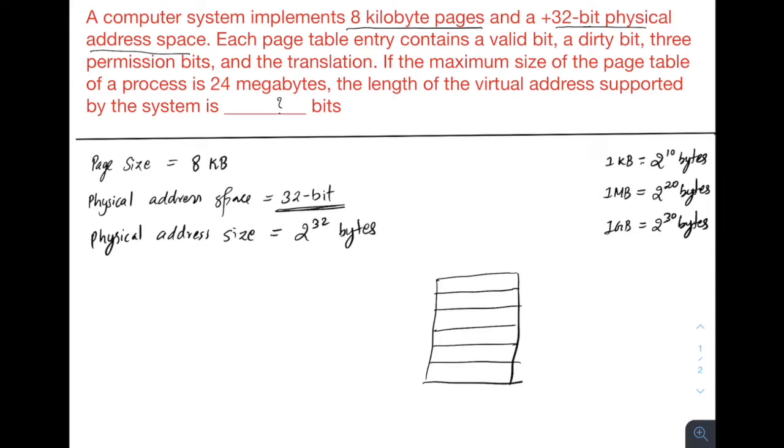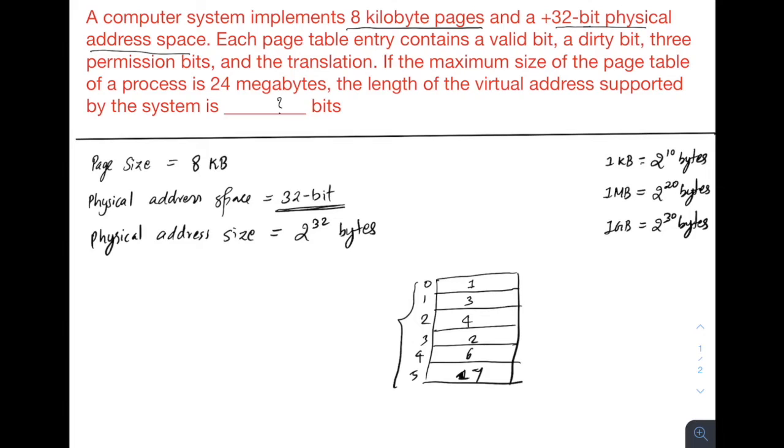That is stored in the page table, and this is used by the memory management unit to finally calculate the physical address, right? So let's say these are page numbers 0, 1, 2, 3, 4, 5. For each of these page numbers, a corresponding frame number will be stored. Let's say, just as an example, frame numbers 1, 3, 4, 2, 6, 7.